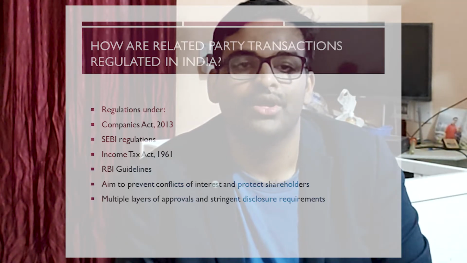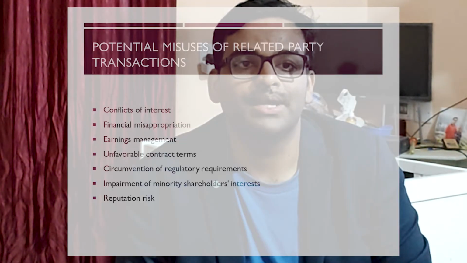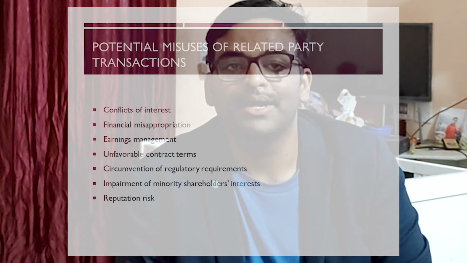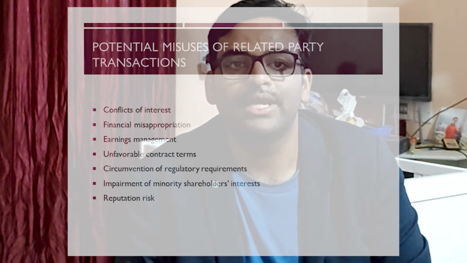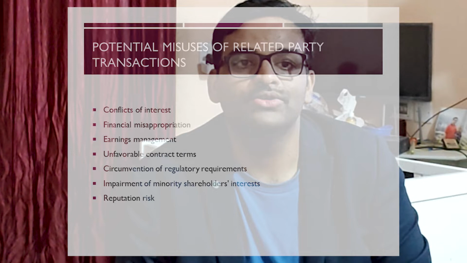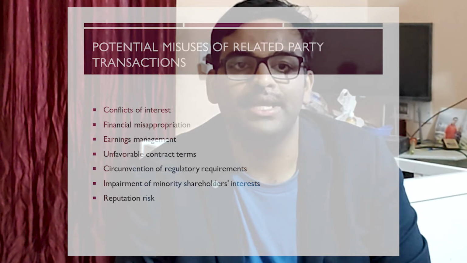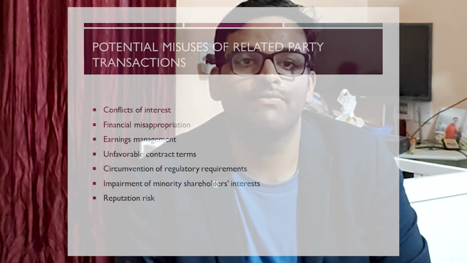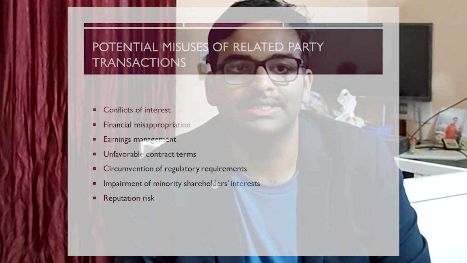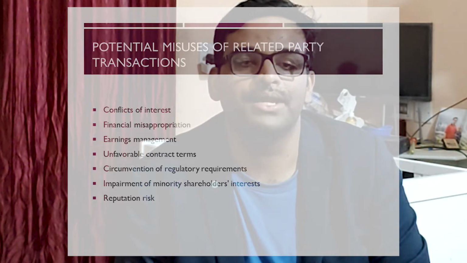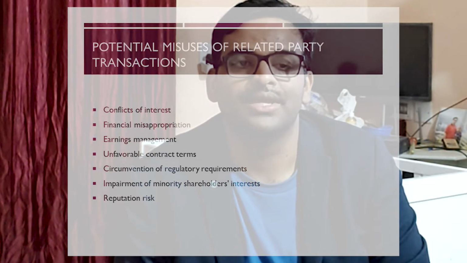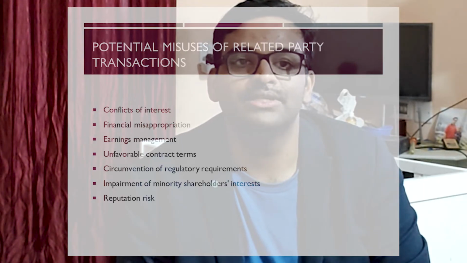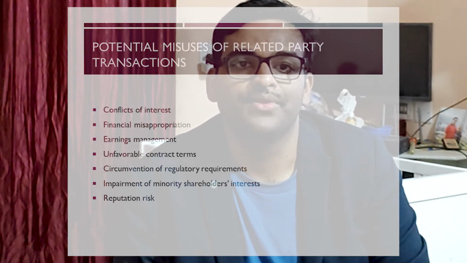Potential misuse of related party transactions. Related party transactions, if not properly regulated and monitored, can lead to several forms of misuse. The main concerns revolve around conflict of interest, unfair advantages, and potential harm to the company and its shareholders. Here are some of the key misuses that can arise. 1.